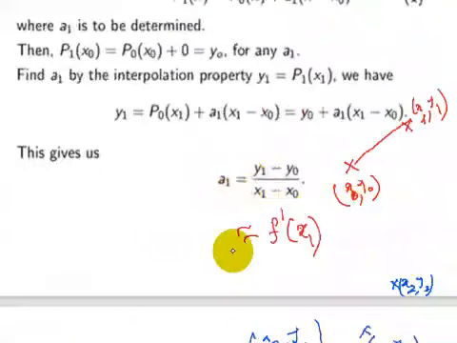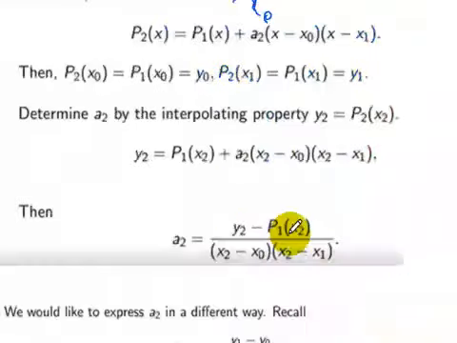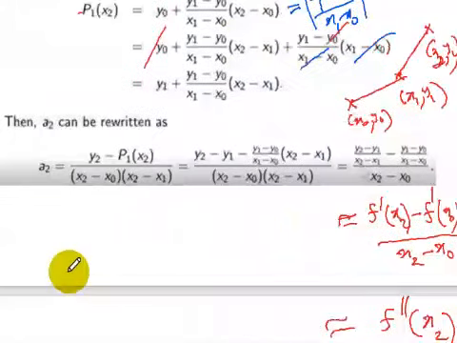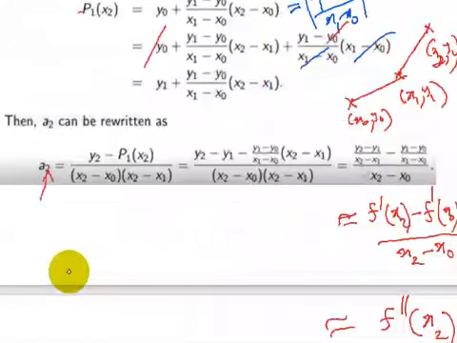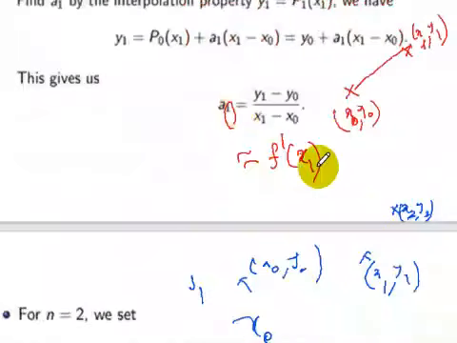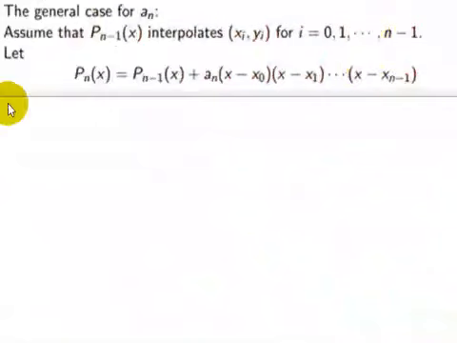If you have index 1 here, you have only one prime. You can argue like that: if the index is 2, here you have double prime, something like that, right?